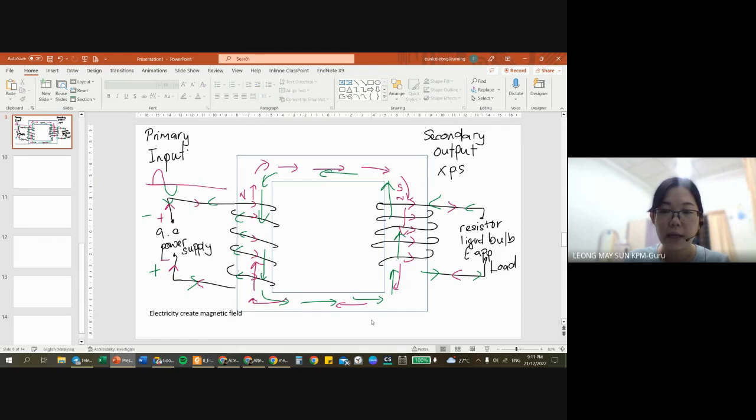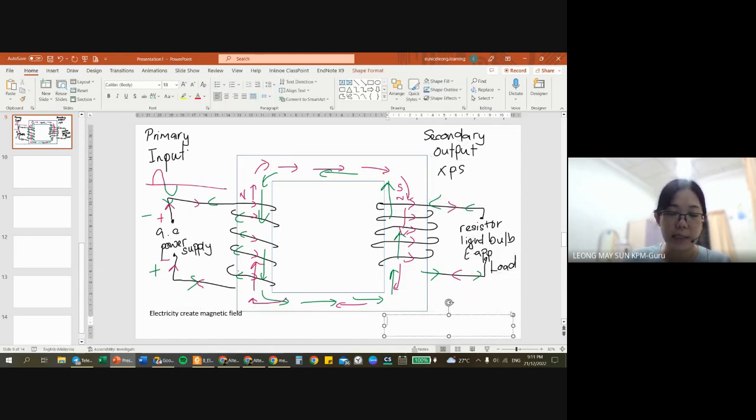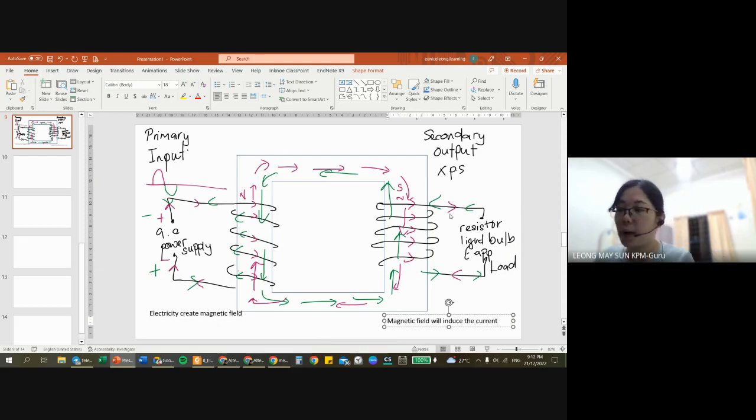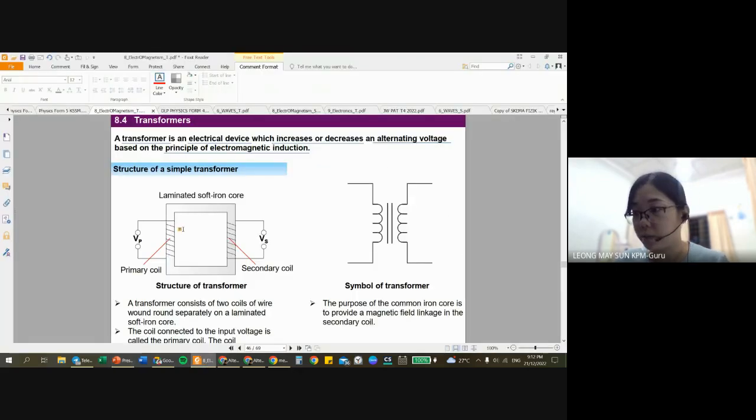While on the right hand side, at the secondary output or the secondary coil, the magnetic field will induce the current out. So what is their common ground? Their common ground is this iron core, the middle rectangular looking iron core. So this is actually the working principle for a transformer.